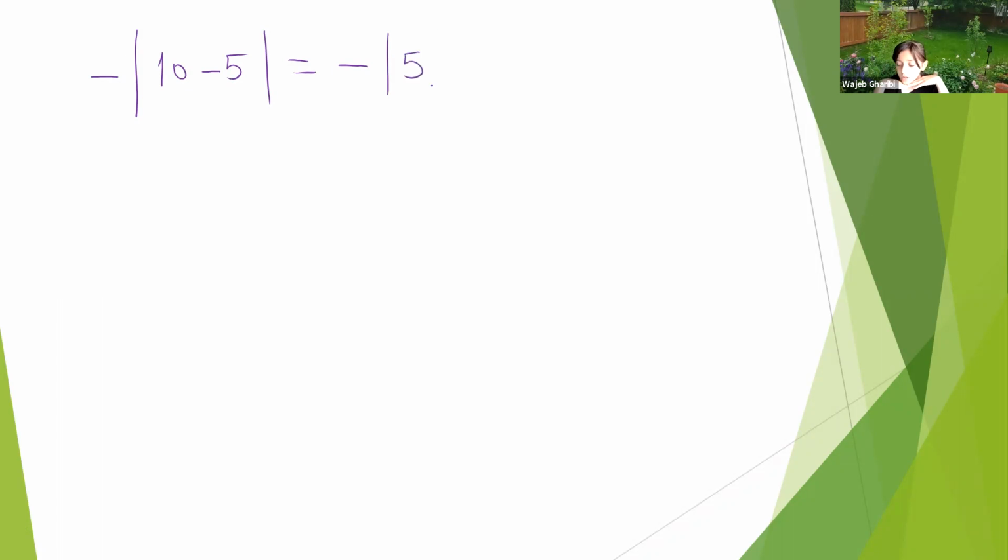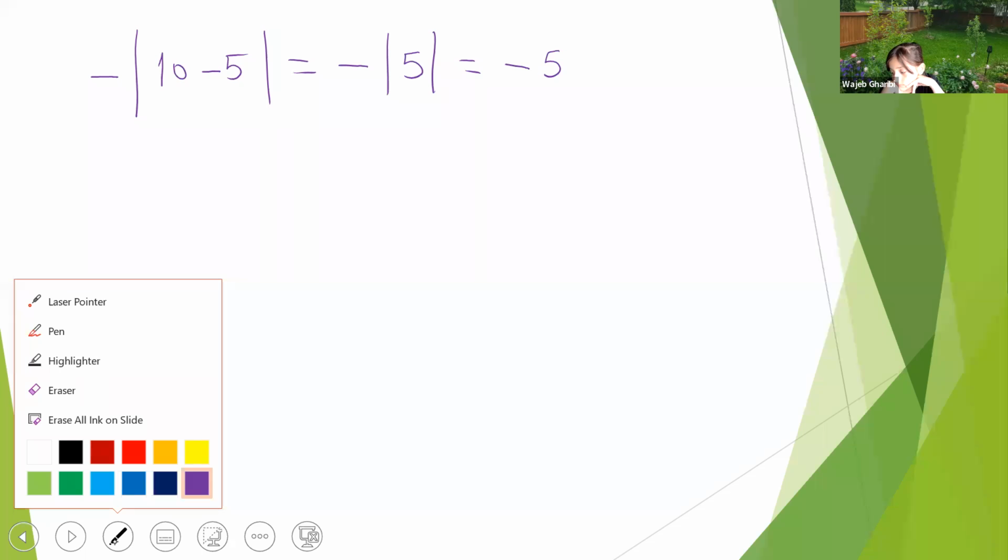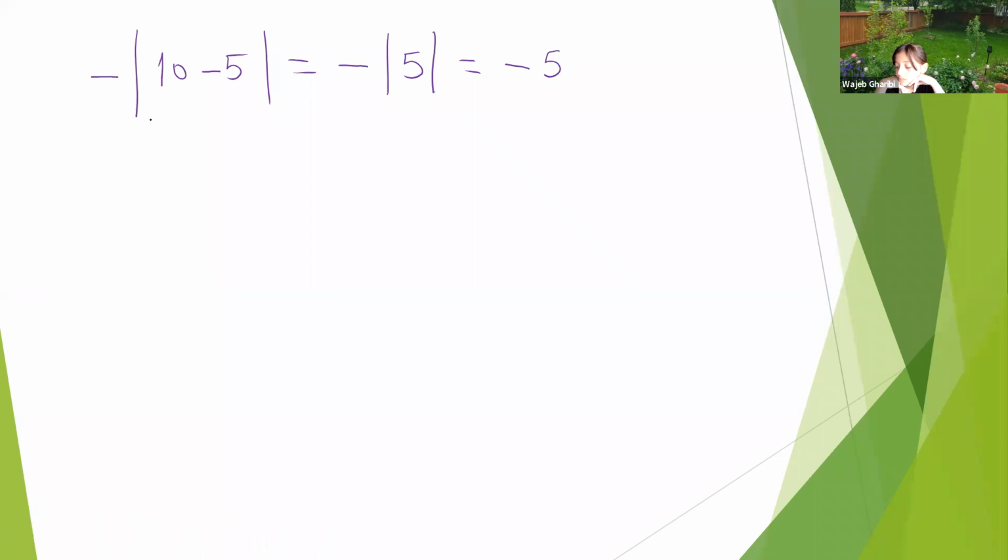It is 5. The absolute value of 5 is 5. So we put a minus, then a 5. Then it would be negative 5. Exactly. So we first calculate inside, then take the absolute value of 5, and then apply the negative as it is.